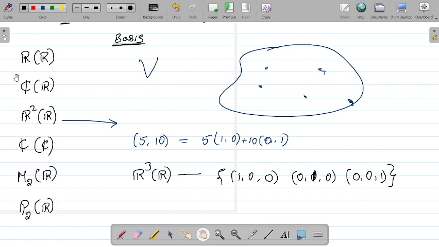And the next thing is we need the minimum number. In other words, the least possible set. For example, if you can go with three directions, definitely you can go with 4, 5 and 6. But the minimum we expect is 3. At least we need 3 in R3.